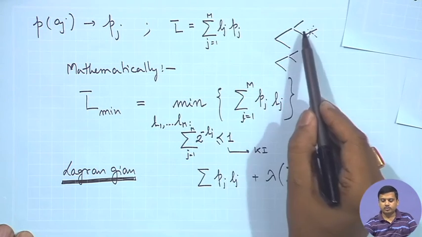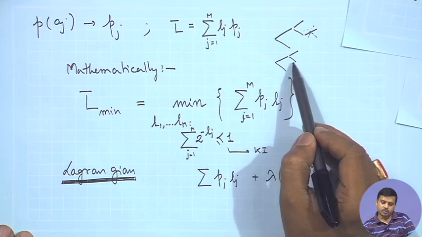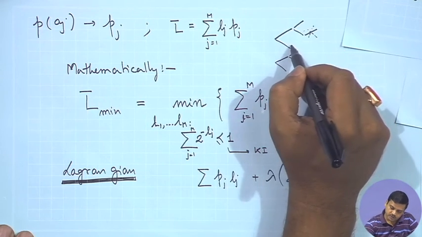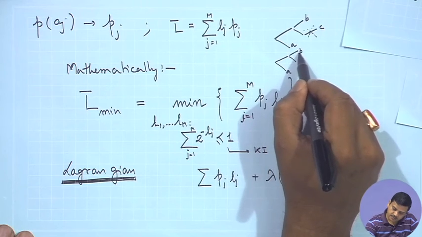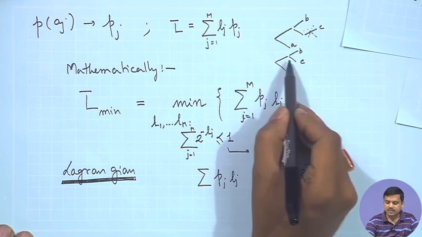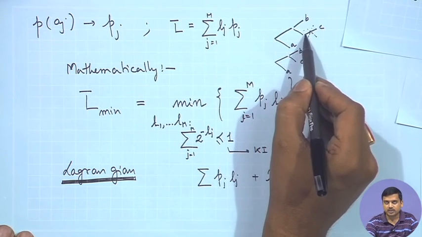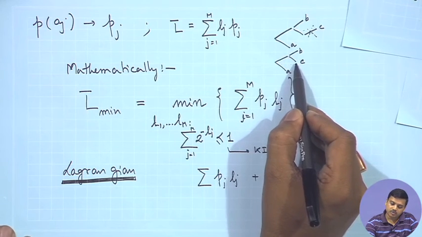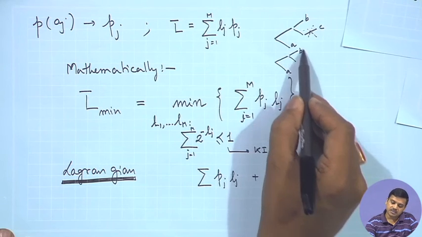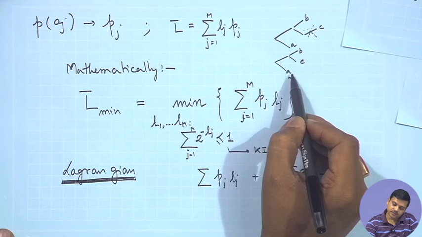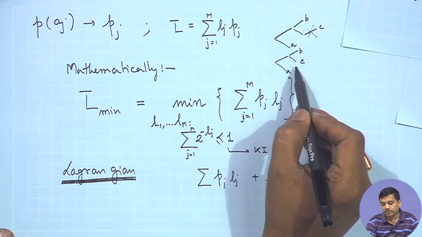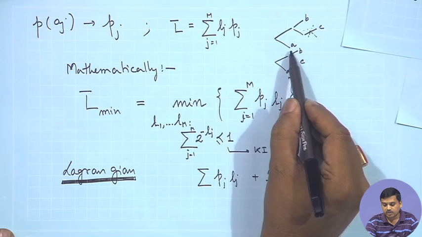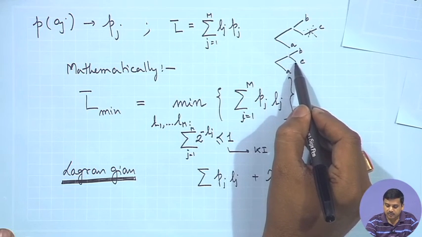right. The moment we compare these two trees, we find that there were 3 code words in this, A, B and C. There are again the same code words in this, but C has a length which is smaller, and C is also a prefix free code. That means this tree is a prefix free tree, and this is a prefix free tree, but since this one is full, it means you will have a length which is lesser than this.